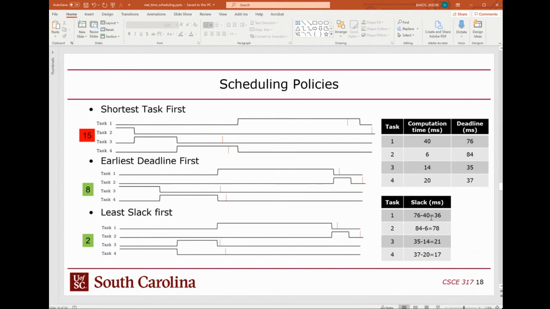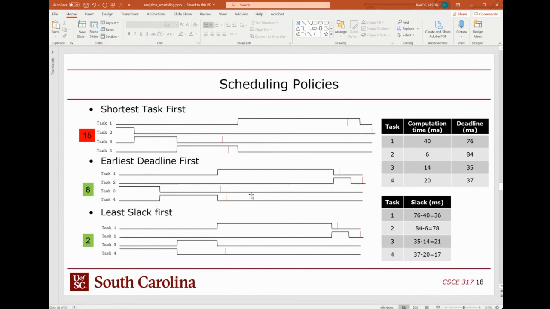The slack is just the difference between the deadline and the execution time. So I added a table here that shows the slack, and you can see that task 4 has the least amount of slack. So we schedule that one first, then task 3, then task 1, then task 2, and that one met its deadlines too. So those 2 strategies seem to work out.